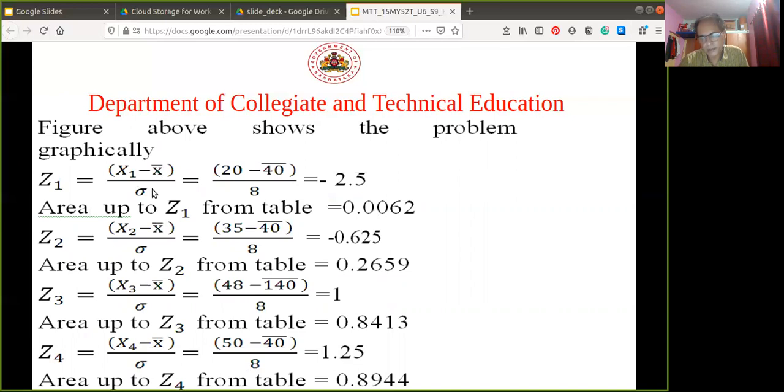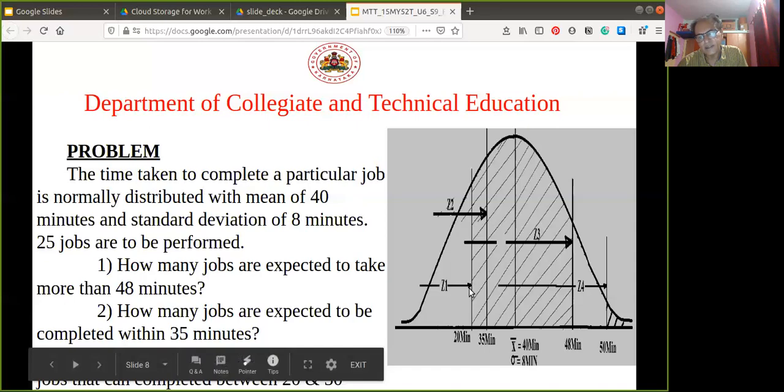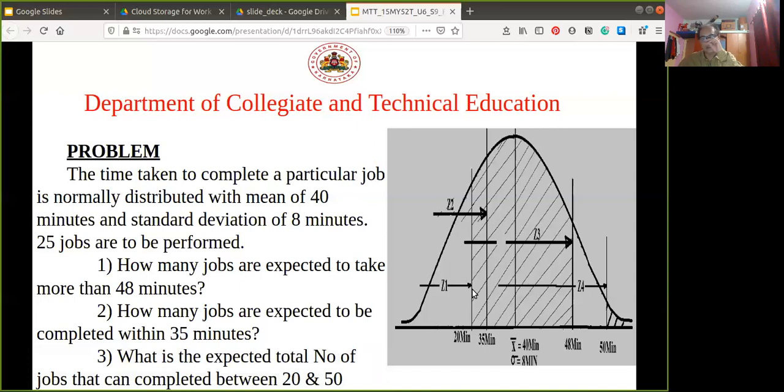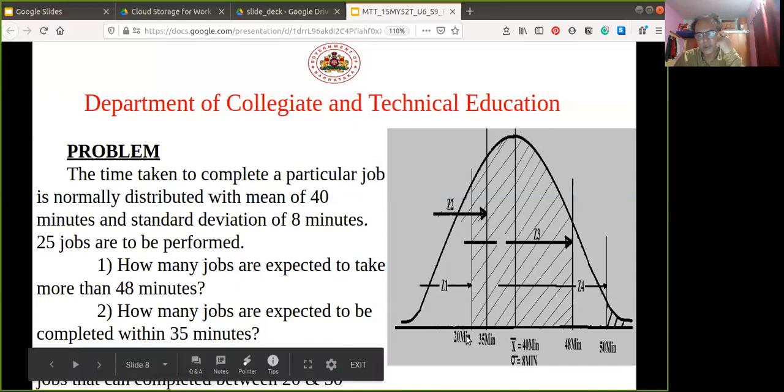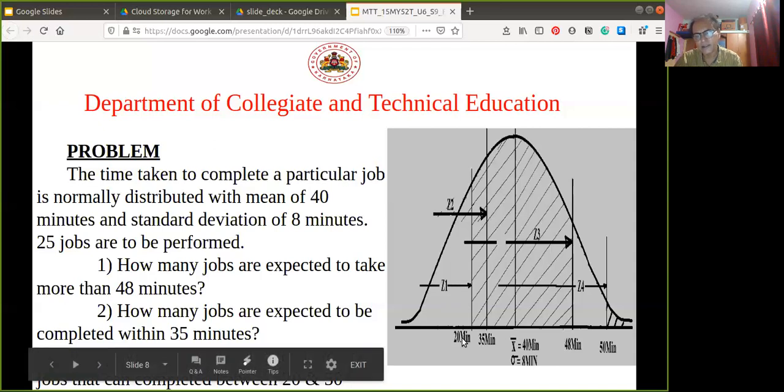Here X1 is 20, the mean is 40, and the standard deviation is 8.